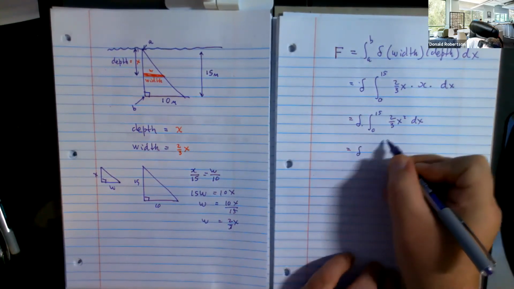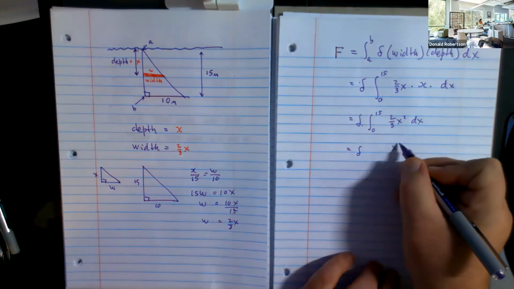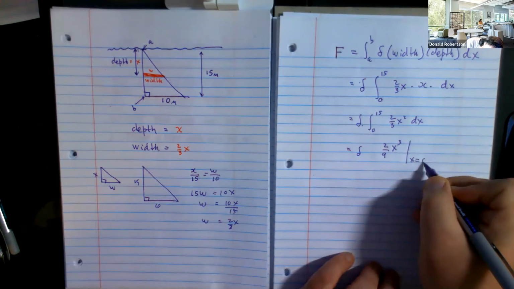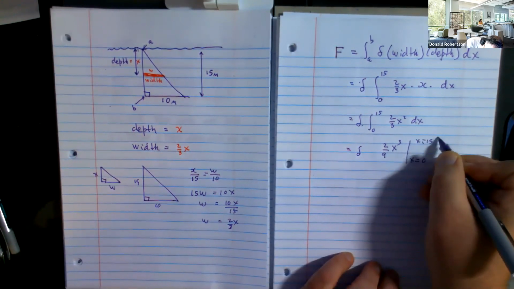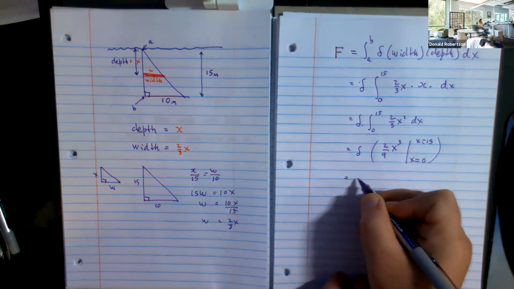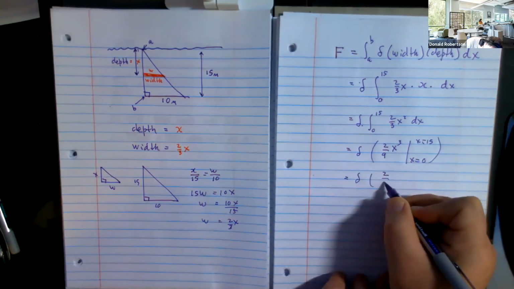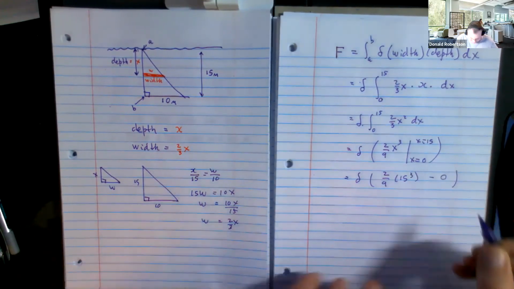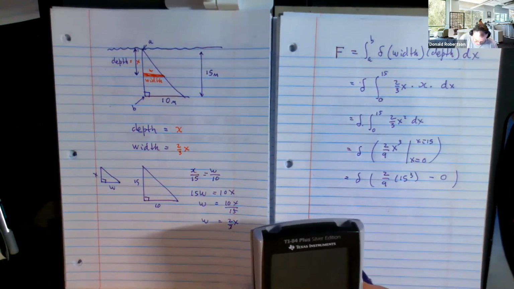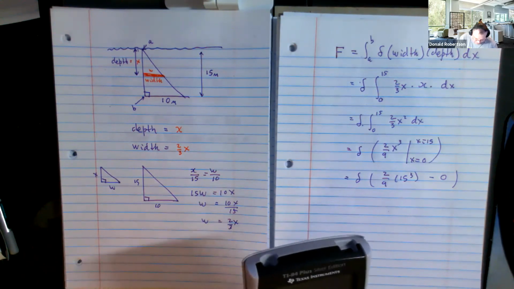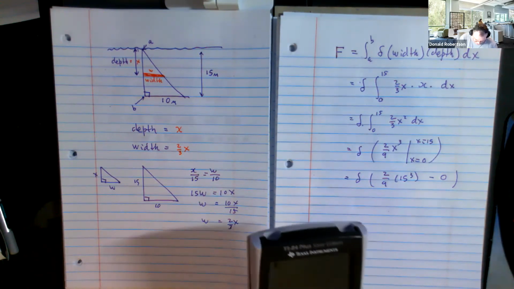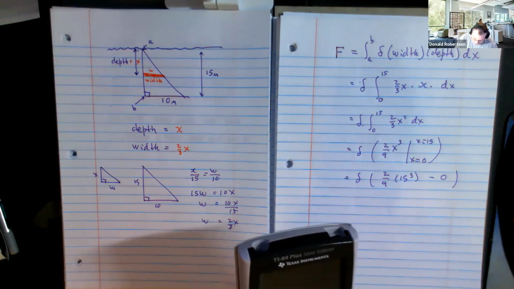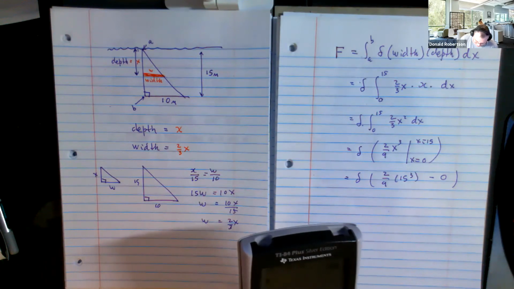So add 1 to the power and divide by the new power, evaluated at 0 and at 15. So that's going to be 2/9 times 15 cubed, take away nothing. Okay, so 15 cubed, calculator on. 15 cubed times 2 divided by 9.